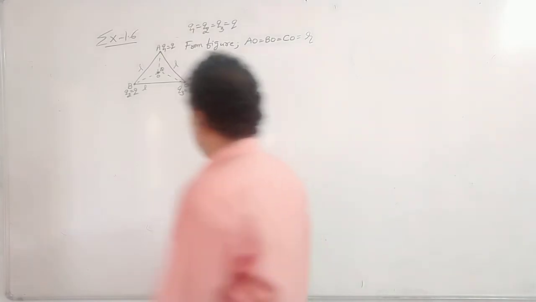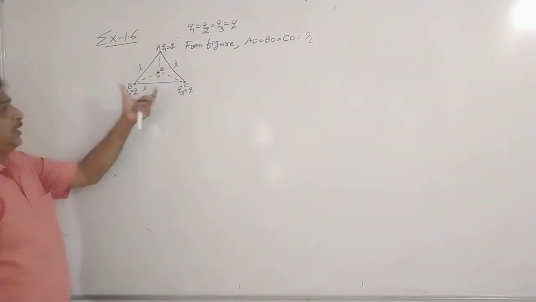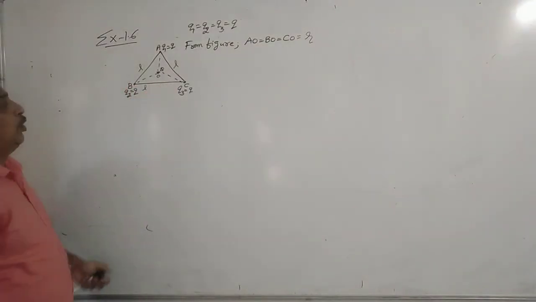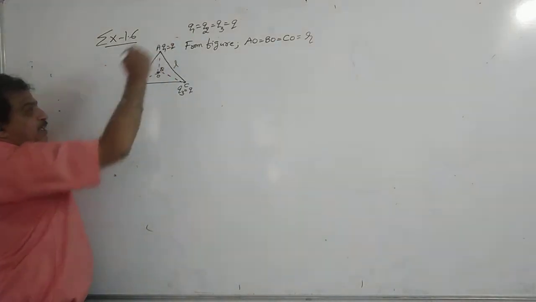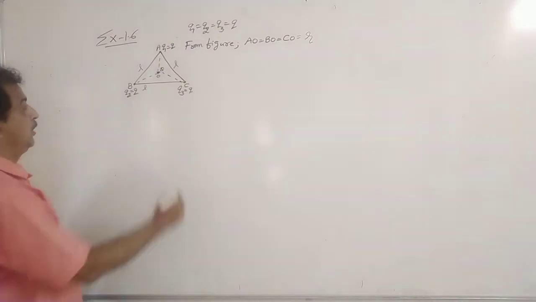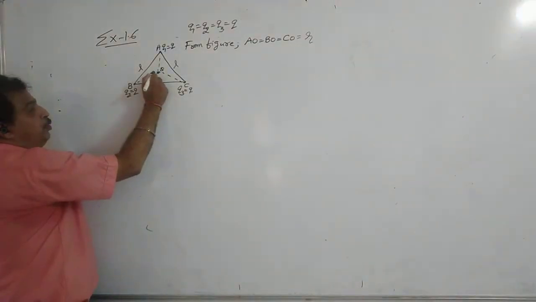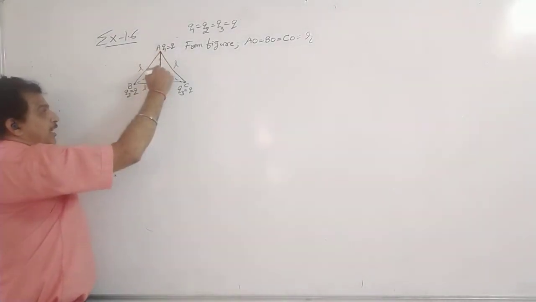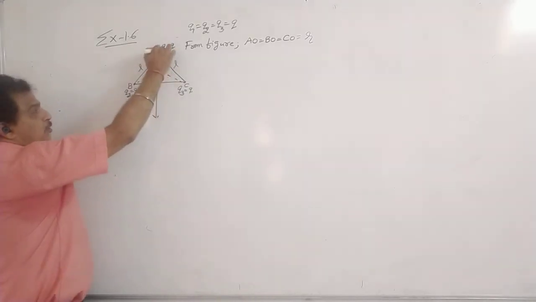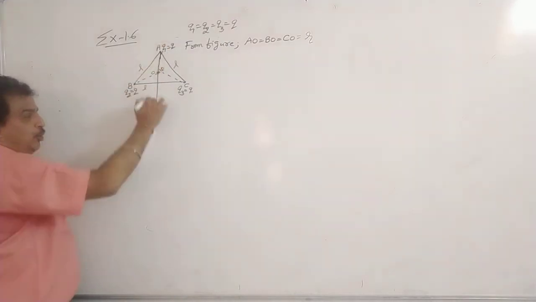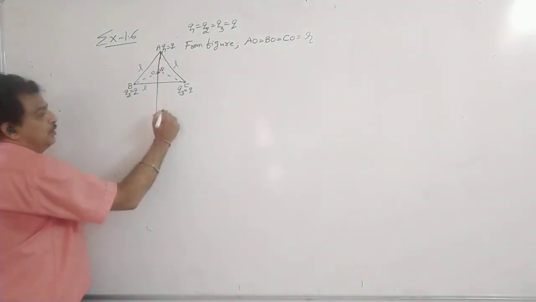Now, let us find the direction of the forces acting on the plus Q charge. This is plus Q, this is plus Q, so there will be a force of repulsion. You have to find the force on Q. So A will repel Q in this direction, so the direction of the force will be along AO. We denote this force by F1.